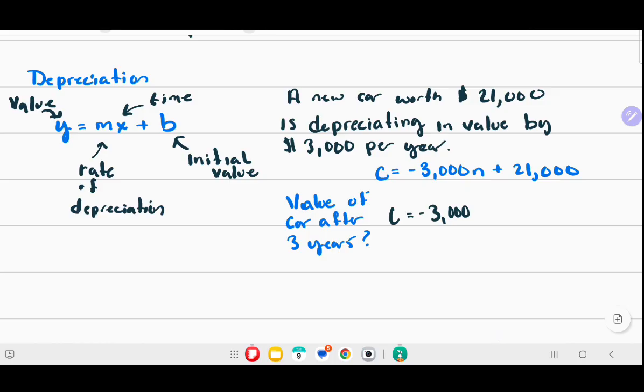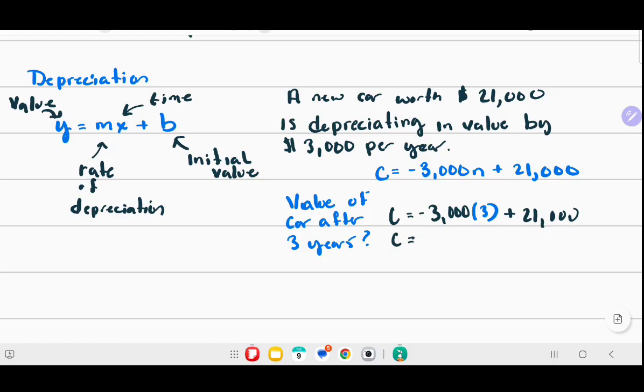Remember, N, whatever's right there beside the depreciation value, that's the time. So N is 3, so after 3 years, and then plus 21,000.